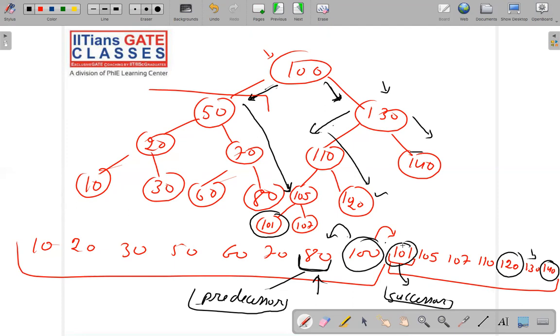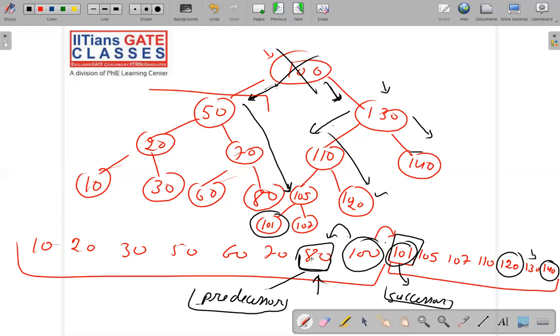Now this is very important, because if you want to delete something in the binary search tree, for example, if you deleted 100 from here, you will replace this 100 with either the successor or predecessor. You can pick any one of them.